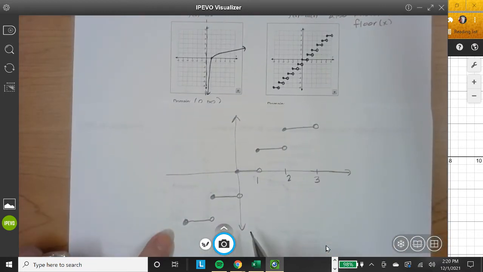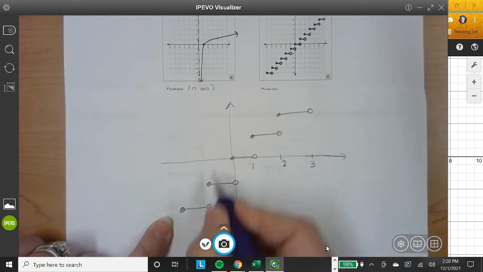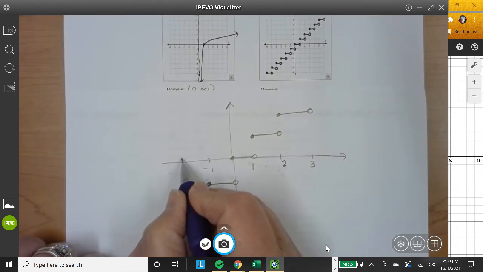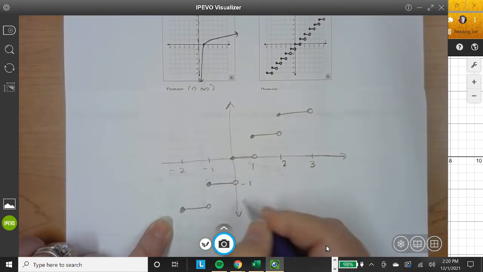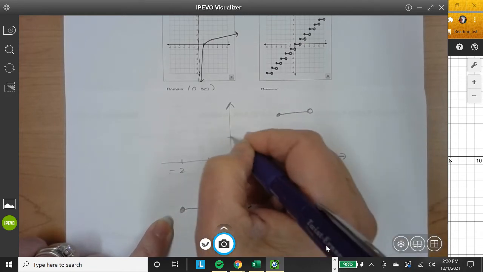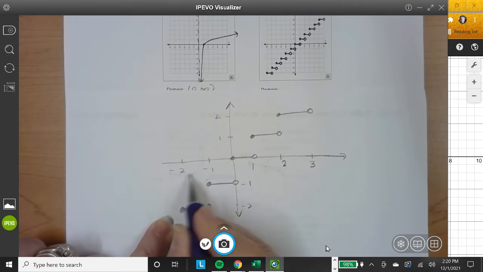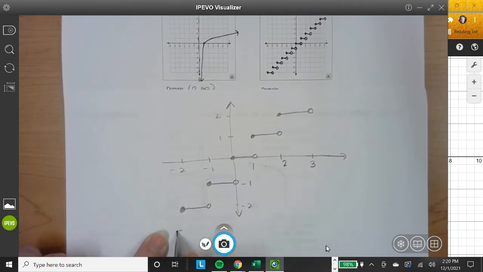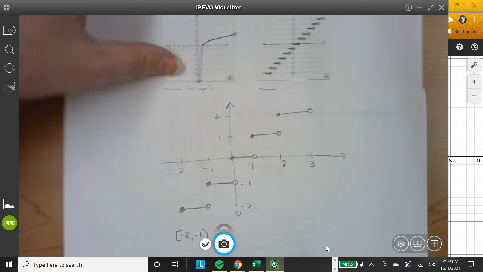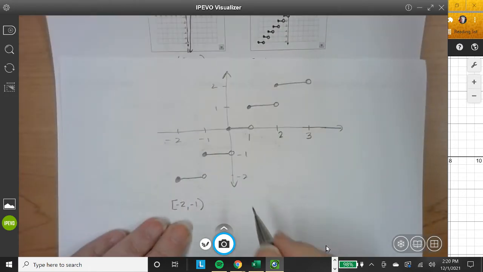Now, I'm going to suggest to you that this is -1, and this is -2, and then 1, and then 2 here. I'm going to suggest to you that this x interval here is -2 to -1, and I'm going to leave that open. That makes sense, doesn't it?